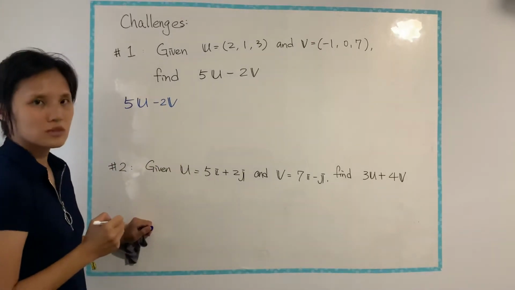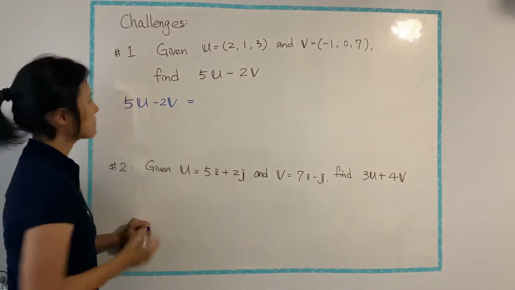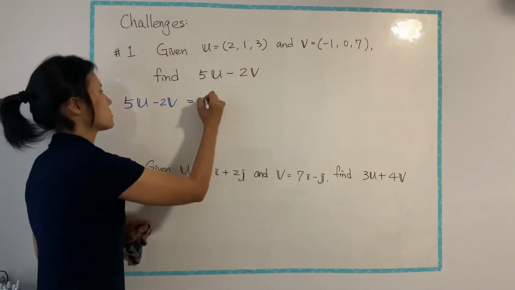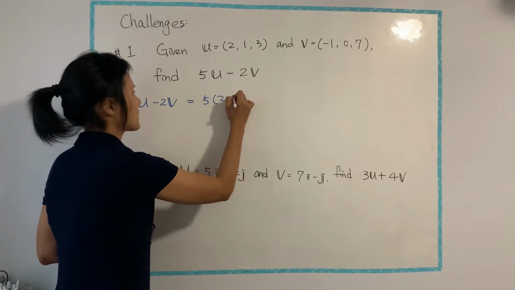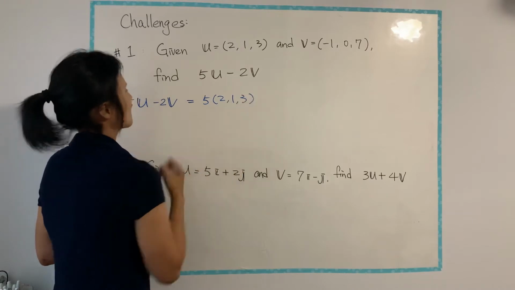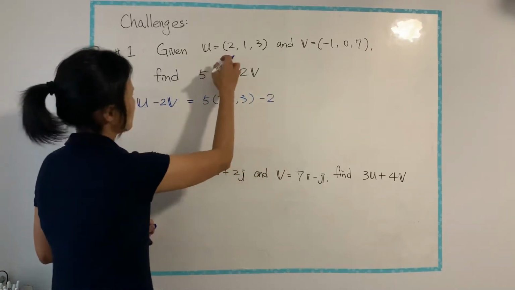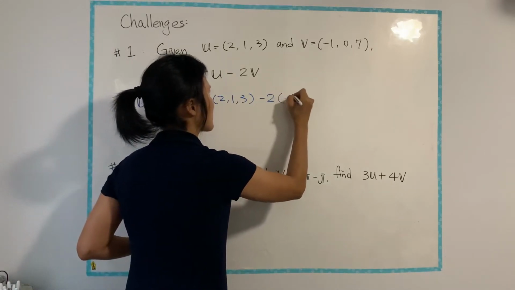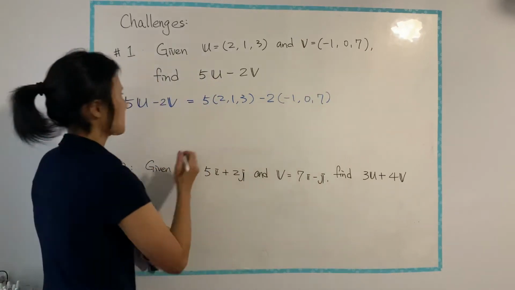So here's my solution, and see if we get the same answer. 5u minus 2v. So 5u is 5 times the vector u, minus 2v, so 2 times minus 1, 0, 7.